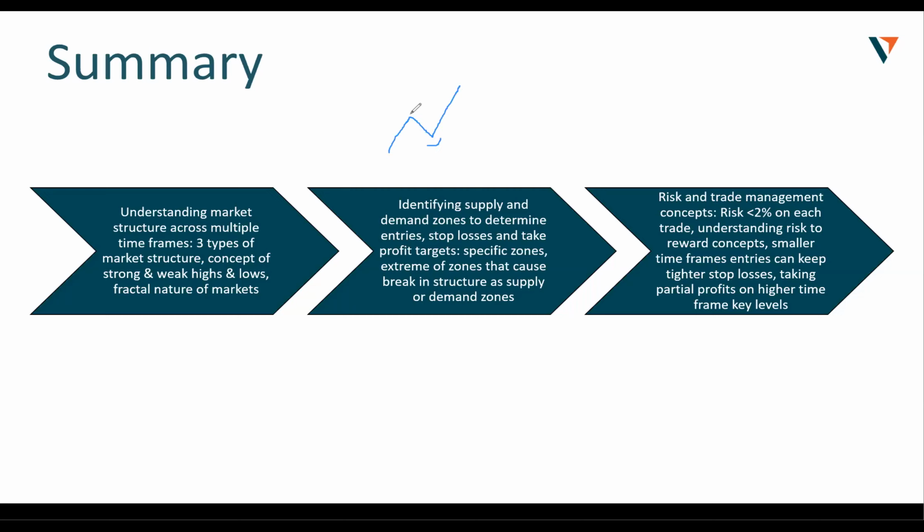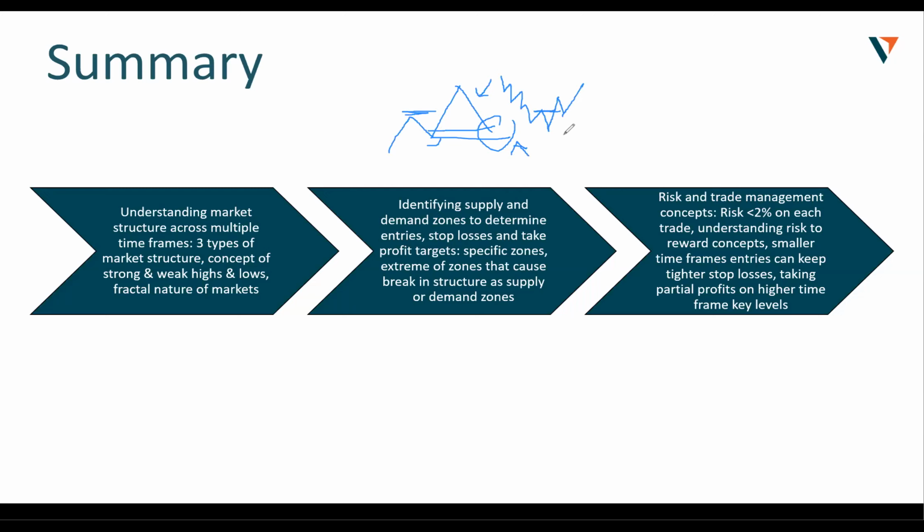So if this low itself caused the break of the previous high, then when price comes into the extreme of this region, this is a potential demand area, but we're not taking immediate long positions from here because you can see that coming into this zone, you will see lower lows and lower highs being formed. So in order to confirm that this demand zone is going to hold, we need to wait for a change in trend on the smaller time frame first. This can come in the form of a change or break in structure, a break of the last high for continuation to the upside.